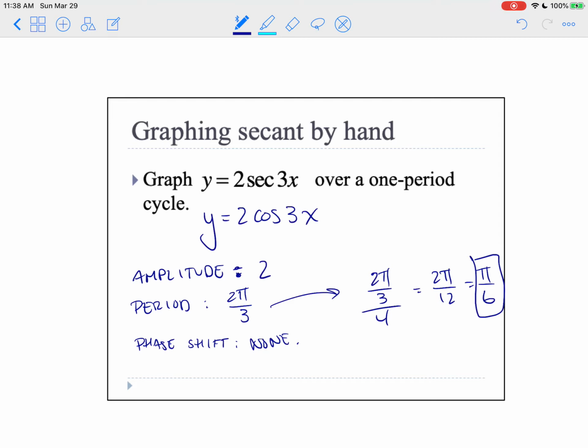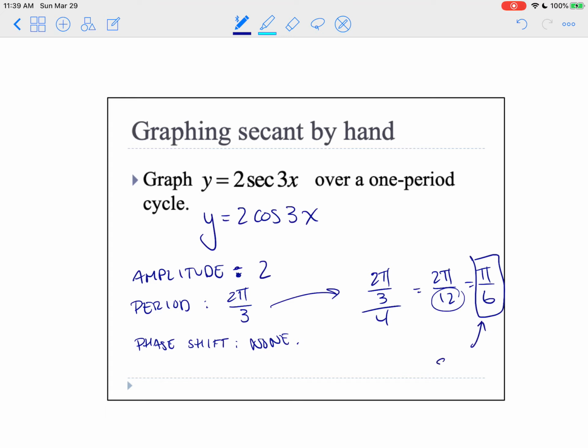If it were pi over 4, then I would want to make pi over 12 my scale, because 4 goes into 12 and 6 goes into 12. And so we would have 12ths as the appropriate scale. As you can see here, 2 pi over 12 is pi over 6. 3 pi over 12 is pi over 4. And so pi over 12 would work with both of those, both the period and the phase shift.